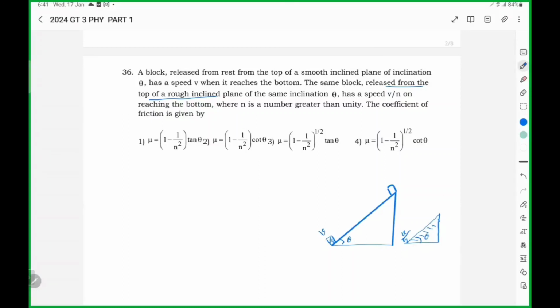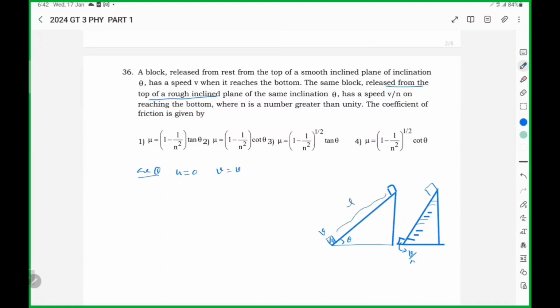So same block, the only thing is, instead of a smooth surface, here it is a rough surface, with the same angle of inclination. Starting from rest, when it reaches the bottom, so in case 1, u is 0.